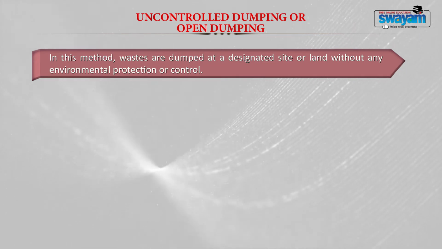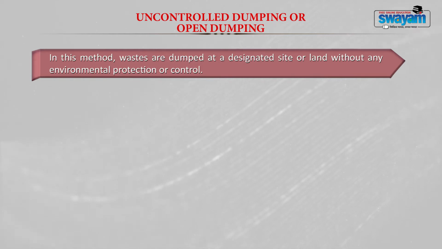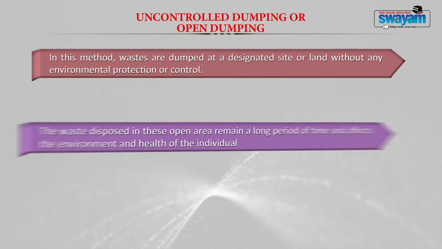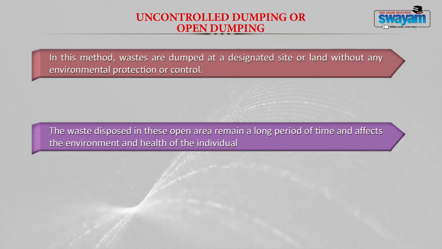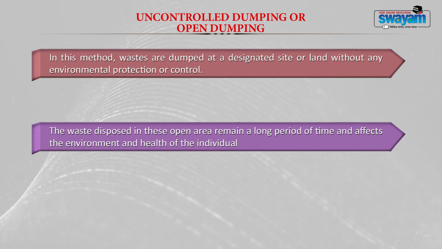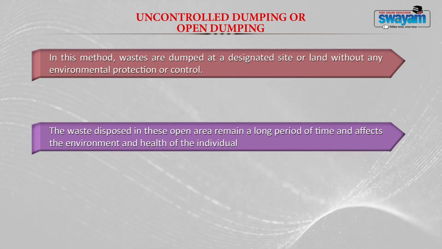You choose a certain barren land area and designate that site for dumping the waste collected from different parts of the town or city or metropolitan city. The waste disposed of in these areas remains for a long period of time and, as I told you, affects the environment and health of individuals, causing a lot of diseases to animals as well as human beings.